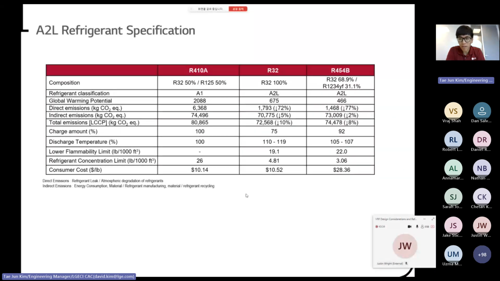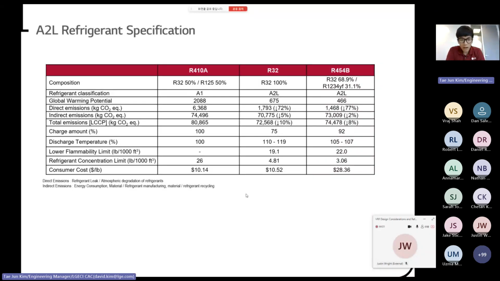R32 has 675 and R454B has 466. The key thing is that they're considered A2L, which means slightly flammable.